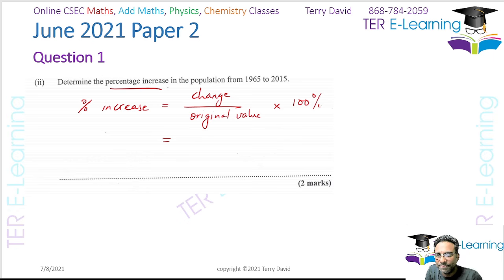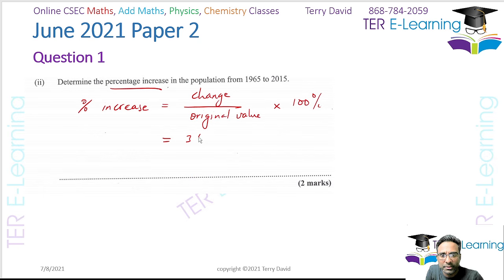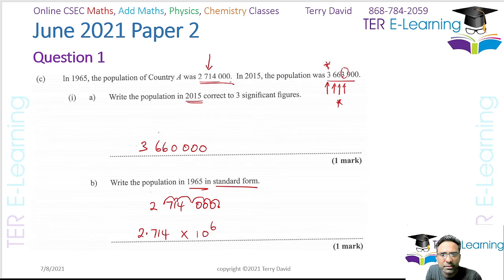So my change, so let's look at this here. So we're going from 1965 to 2015, right? So we're looking at the 2015 value, which is the 3,663,900. So 3,663,900, right, minus the original value, which is 2,714,000.